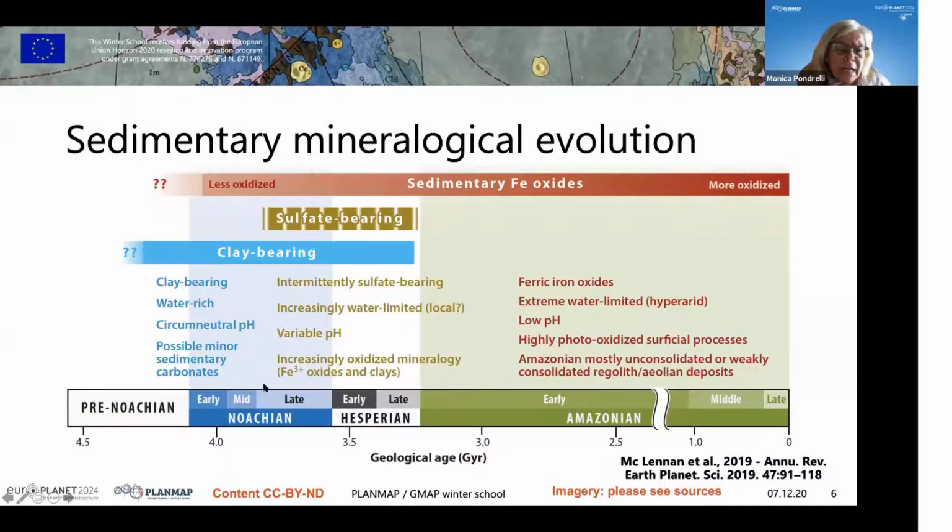Then from the late Noachian, these clay-bearing deposits are associated with intermittently sulfate-bearing deposits. And this depicts a scenario where water is increasingly limited, maybe local, especially at the end. Then from the Amazonian, basically, the conditions became hyper-arid with extremely little water, just localized in time and in space. And basically, we have the deposition of ferric iron oxides.